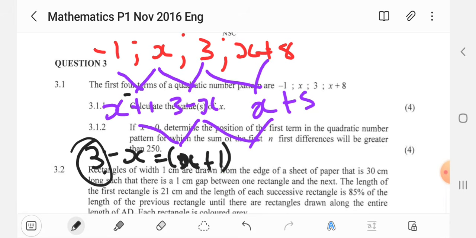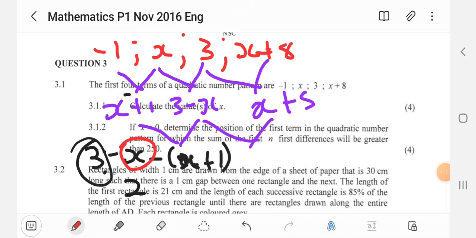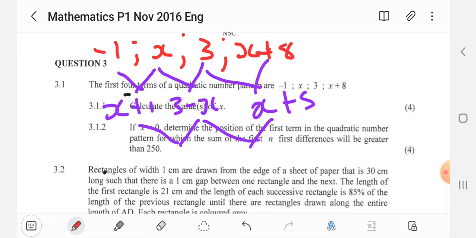So 3 minus 1, that is a 2, and then we have negative x minus x, it's like saying negative 1 minus 1, and that will give us a negative 2x. So here everything will be 2 minus 2x.